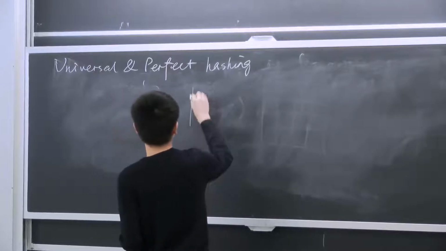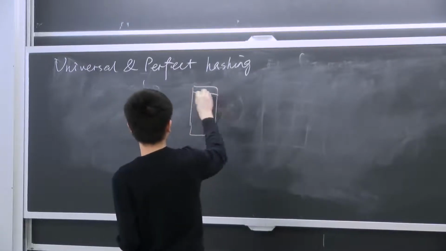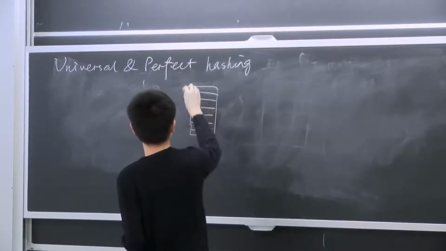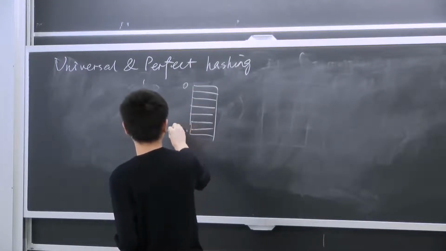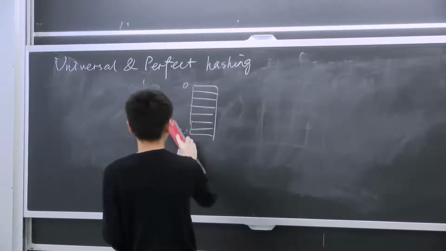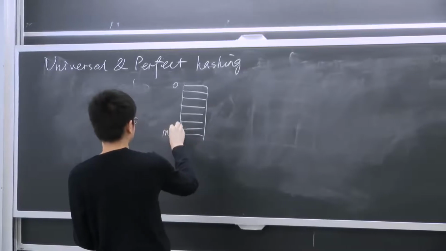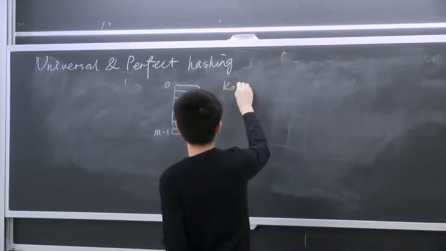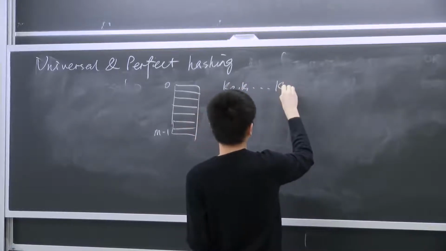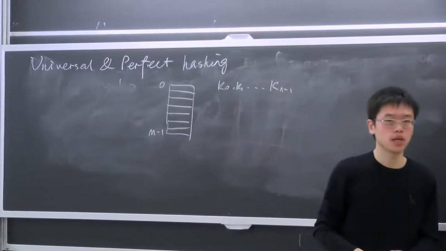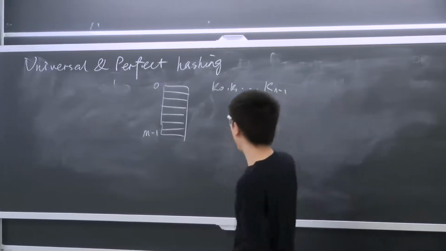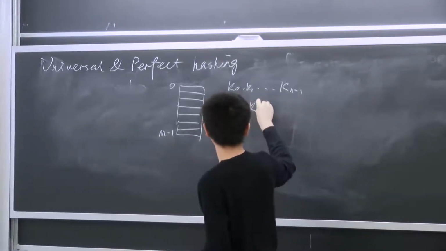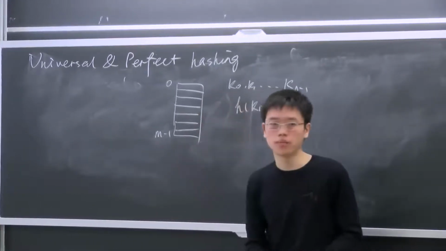It's because we want to create a hash table with m bins. We will receive input keys k0, k1, all the way to kn-1, n keys, and we'll create a hash function to map each of them to one of the bins.